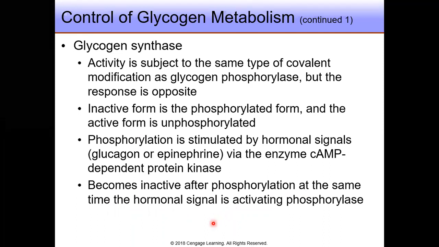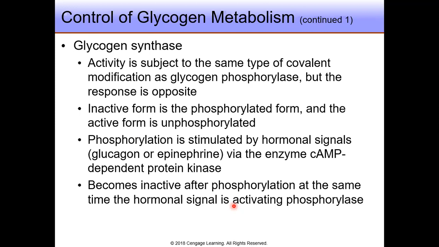Now, the phosphorylation of glycogen synthase is more complicated in that multiple phosphorylation sites occur. As many as 9 different amino acid residues have been found to be phosphorylated.